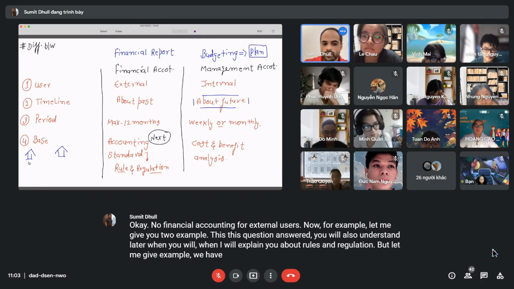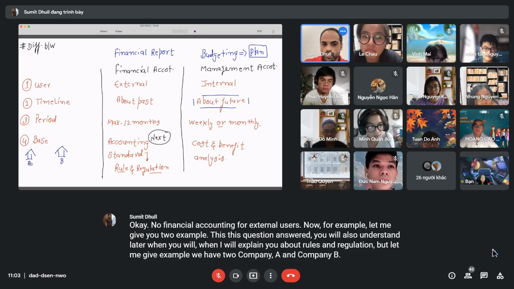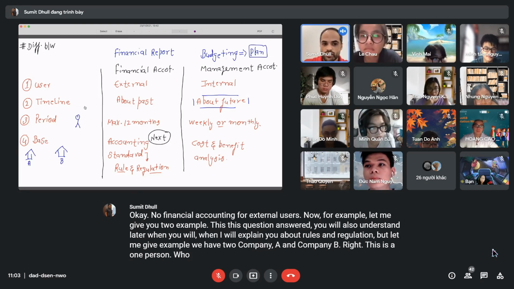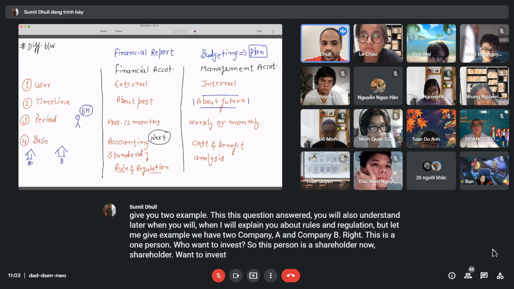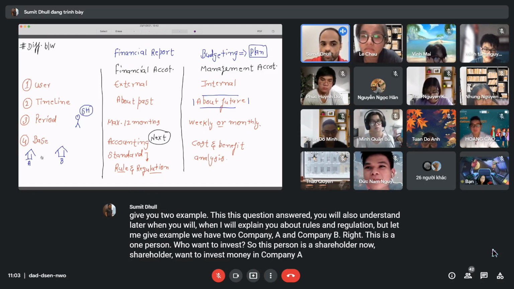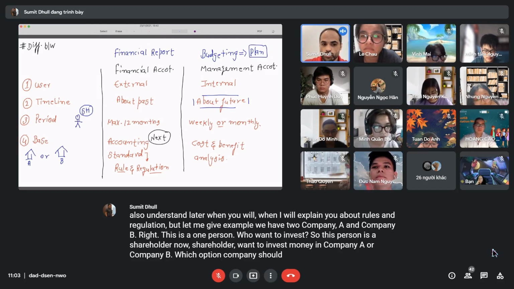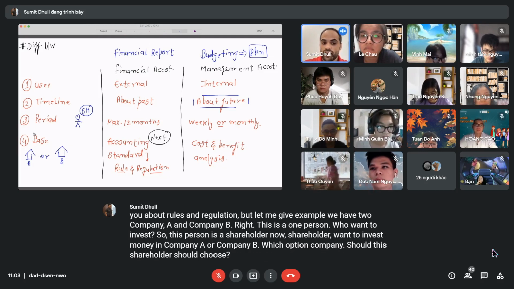We have two companies, company A and company B, right? This is one person who wants to invest. This person is a shareholder. The shareholder wants to invest money in company A or company B. Which company should this shareholder choose? It depends upon the financial information.